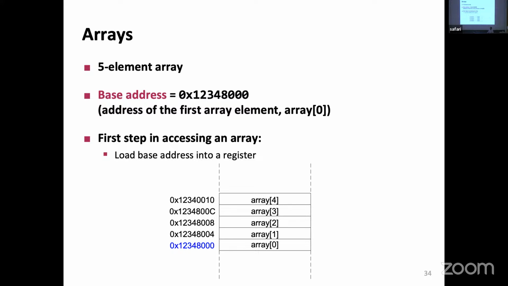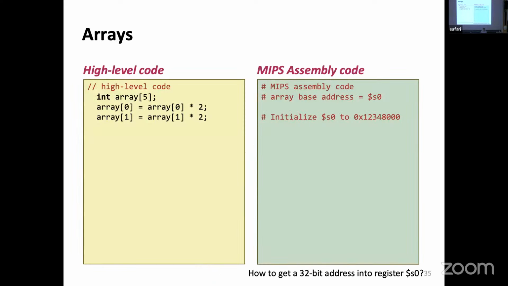So if I have the base address, I can immediately say, if I add 0 to it, it's the first one. If I add 4 to it, it's the next one. If I add 8 to it, it's the next one. So what I would need to do is have the base address somewhere. And once I have the base address, I can manipulate the rest of them a little bit more easily.